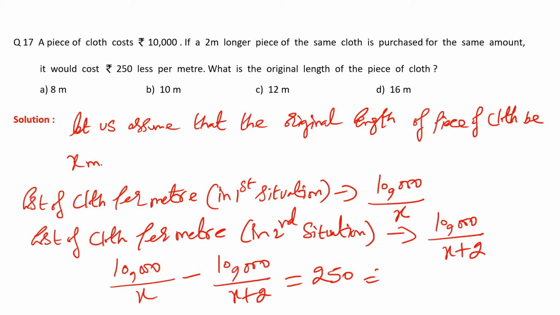Now when I divide the entire equation by 10,000, it becomes 1 upon x minus 1 upon x plus 2 equal to 250 upon 10,000, so it becomes 1 upon 40, right?